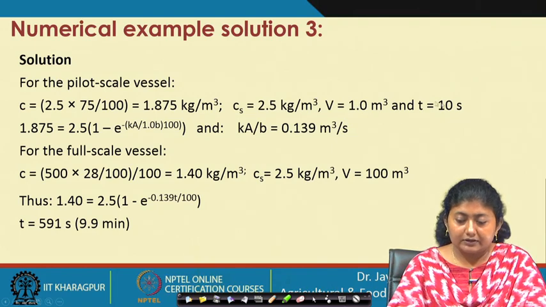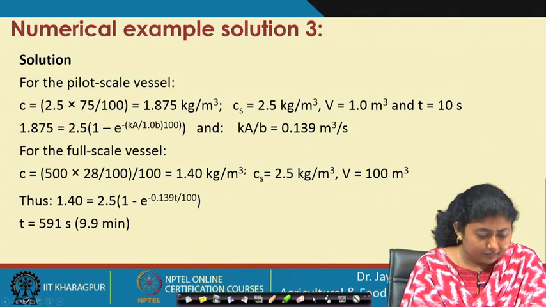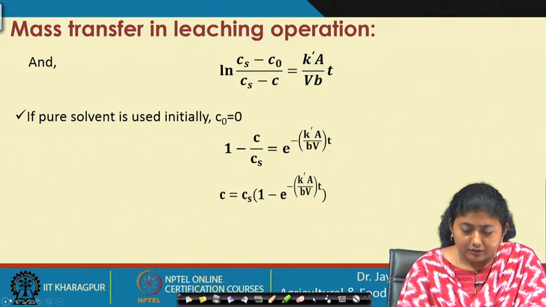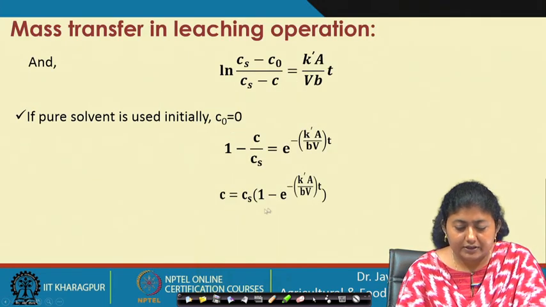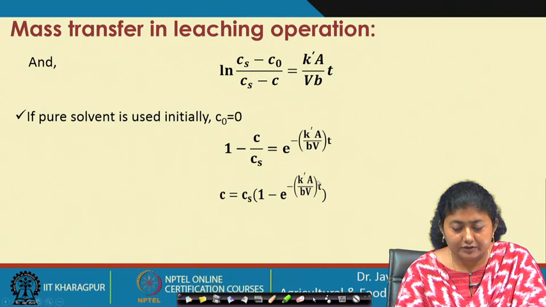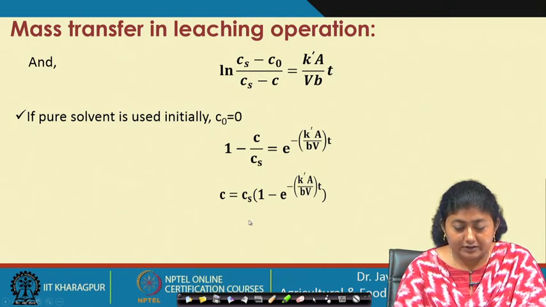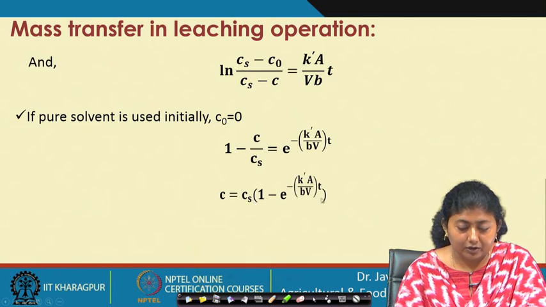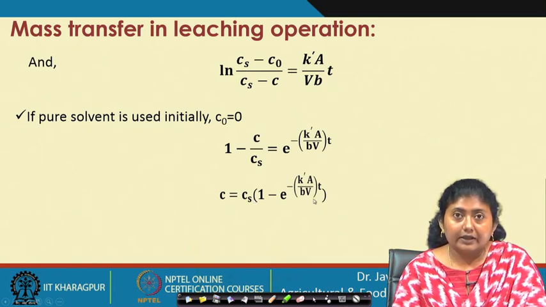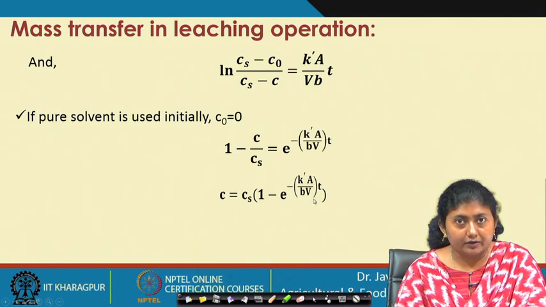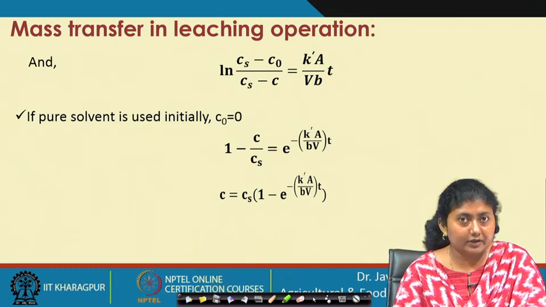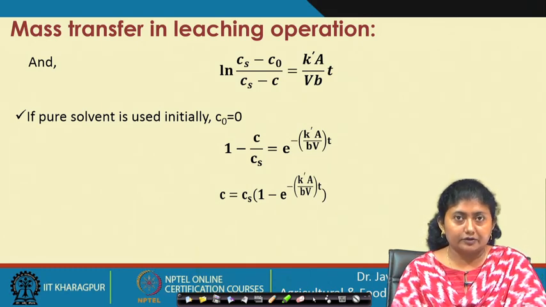So, putting this in the equation, C equal to Cs into (1 minus e to the power minus k dash A by B V). Some parameters are given in this problem and some are not. Those not given we will calculate from the pilot, because that ratio will remain the same if we upscale from the pilot to the actual scale.